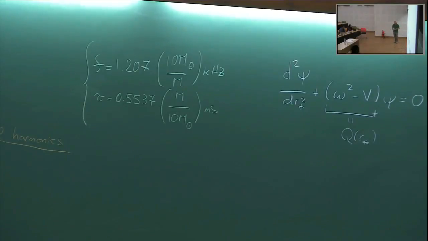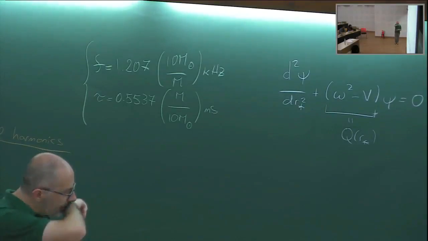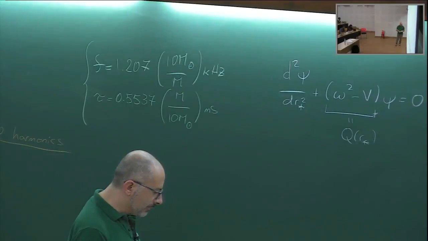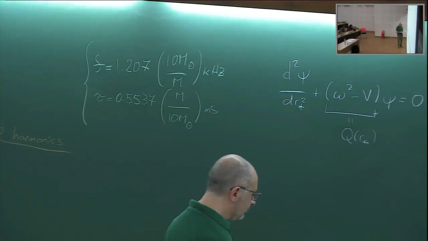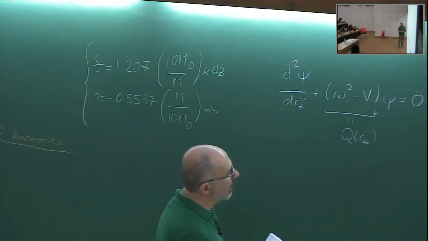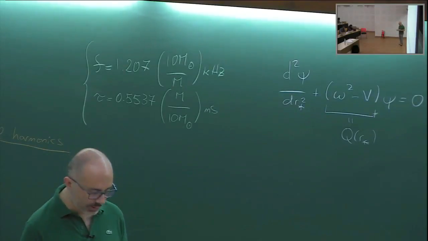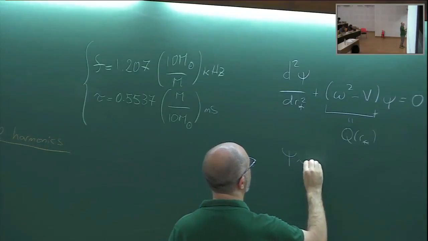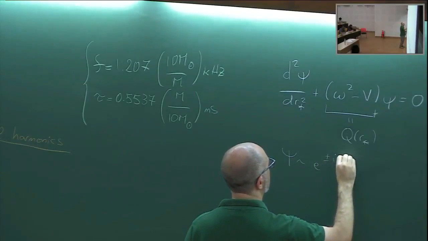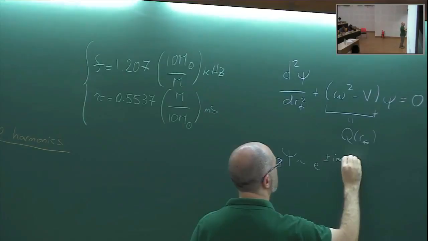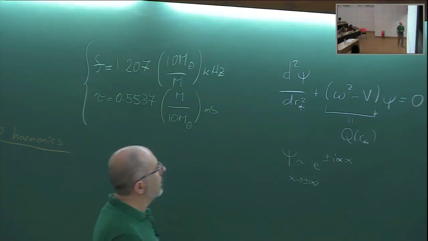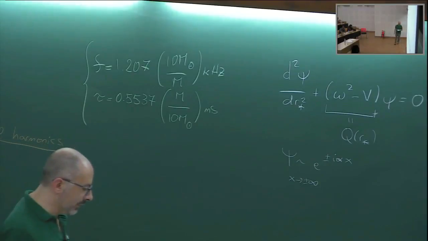So now, what you can see is that in general, if Q tends to a constant as X goes to plus minus infinity, you will have that the solutions go like e to the plus minus psi alpha x when x goes to plus minus infinity.